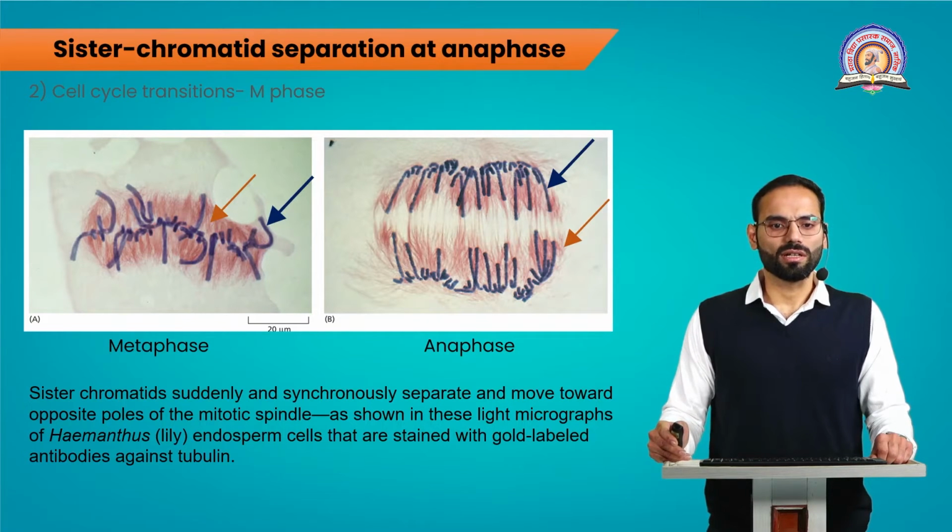You can see here on the left, in metaphase, the chromosomes are equatorially aligned. After the metaphase to anaphase transition, this results in the segregation of the sister chromatids into the two daughter nuclei.